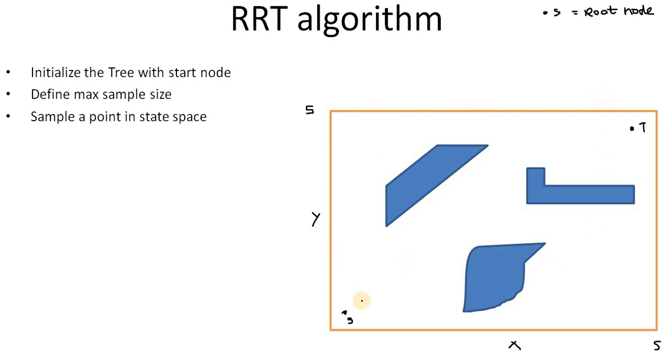If you take it as a state space with a size of 5 by 5, 5 along the x-axis, 5 along the y-axis, now you have to take a sample randomly. I prefer random sampling because the name of this algorithm is rapidly exploring random trees, so it makes sense to use random sampling. So let's take a sample randomly. For example, I take the sample here. Let's take it here.